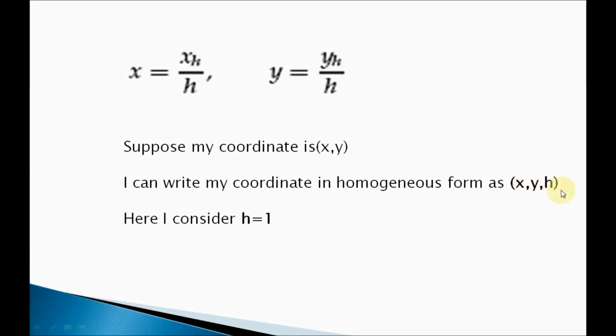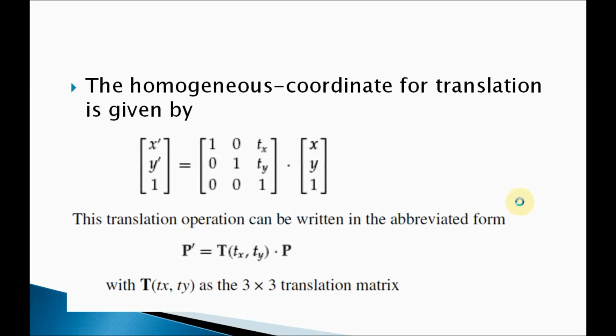You can use this format x comma y comma h for any coordinate value, no problem, because the h value is 1 only. For example, I will consider x as 2, y as 3. 2 by 1 is 2 only, 3 by 1 is 3 only. Nothing will change. That's why I can use h, because the value of h is 1. So I represent my x comma y as x comma y comma h.